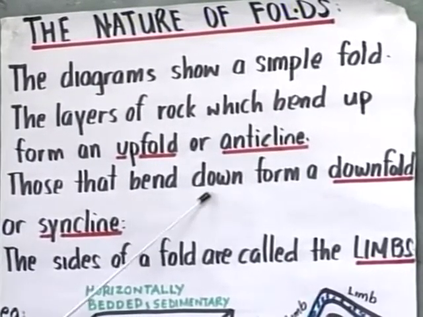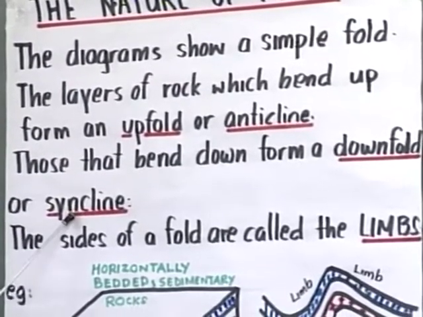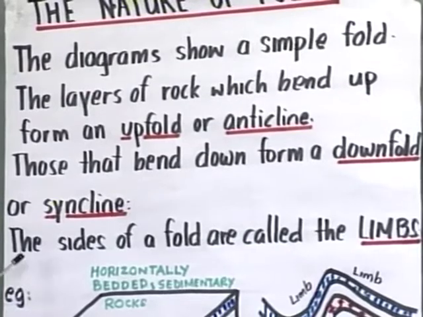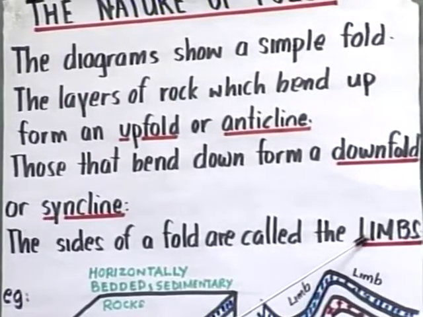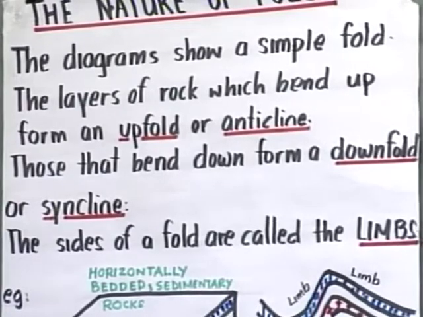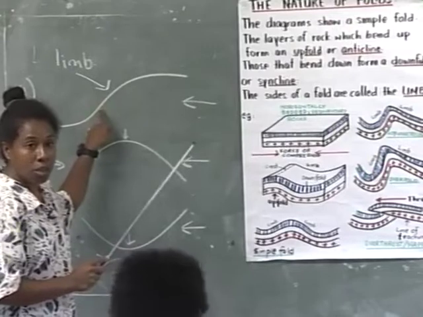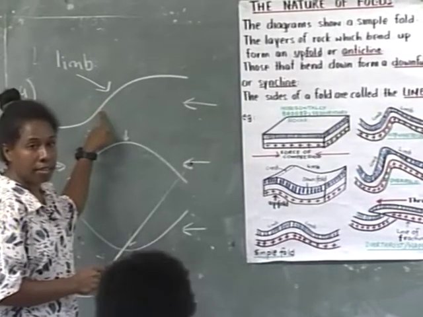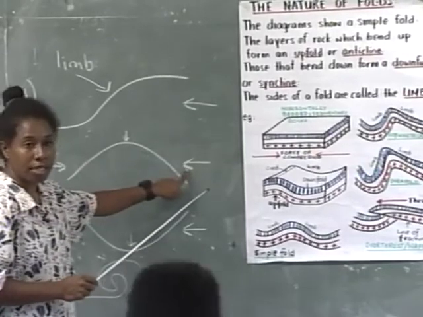Those that bend down form a downfold, which is a syncline. The sides of a fold are called the limb or the limbs. Say, for example, in a monocline, there is only one limb. That's why it is called a monocline. For an anticline, you can see the two limbs that are actually shown.